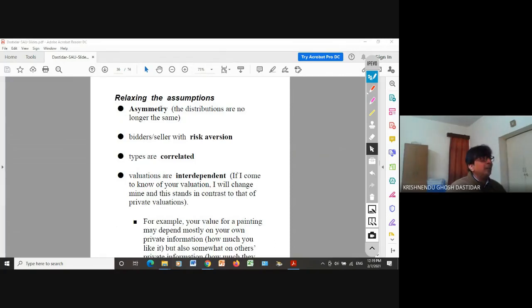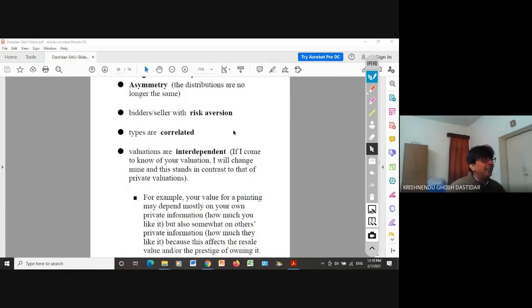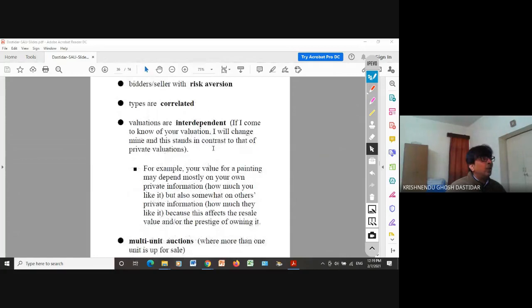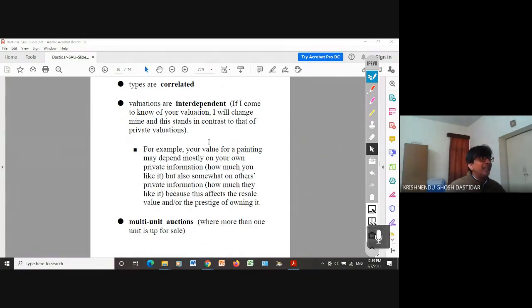For example, asymmetry: the distributions are no longer the same. Bidders or sellers are risk averse. Types are correlated. Valuations are interdependent. That is, in a private value case, even if I come to know your value, I will not change mine. But here it's the opposite: I'll change mine if I know your value. And this stands in contrast to private value.